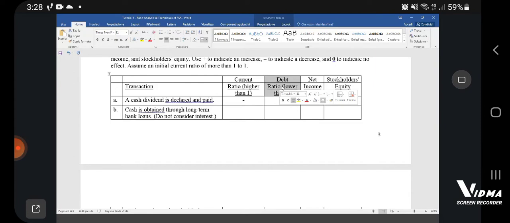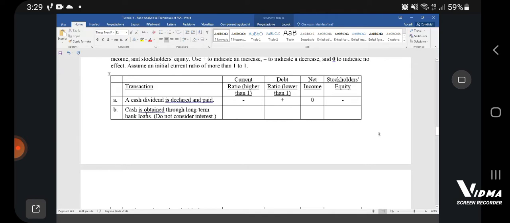So the decrease in the total assets will make the value of this ratio higher after the transaction. Again, the debt ratio will increase not because we have increased debt, but because we have decreased equity, because we have paid dividends. Is that okay? Net income: no impact. Stockholders' equity, we mentioned, decreases.